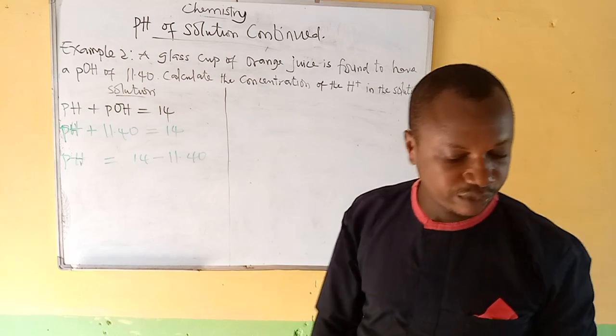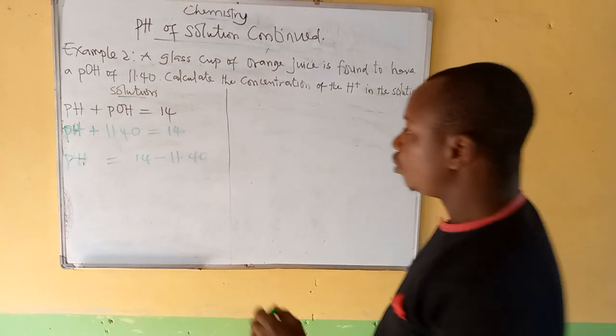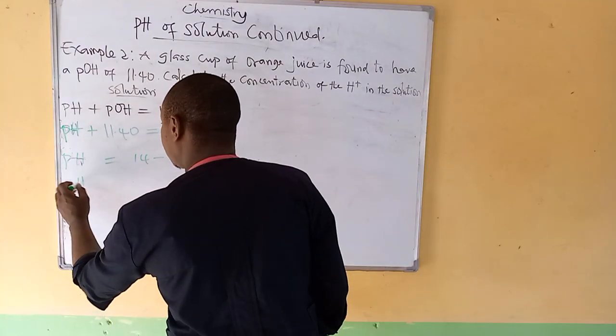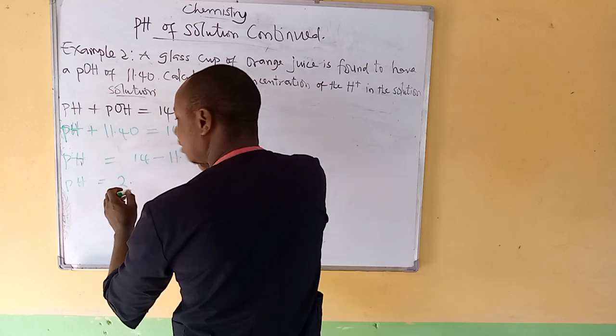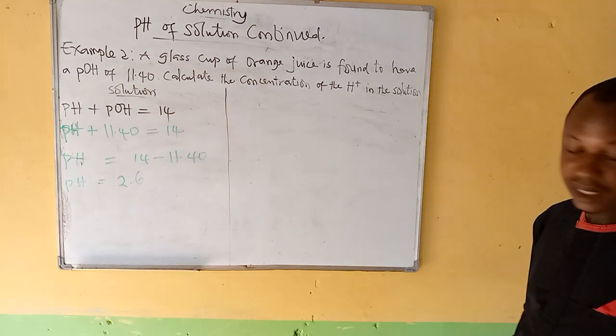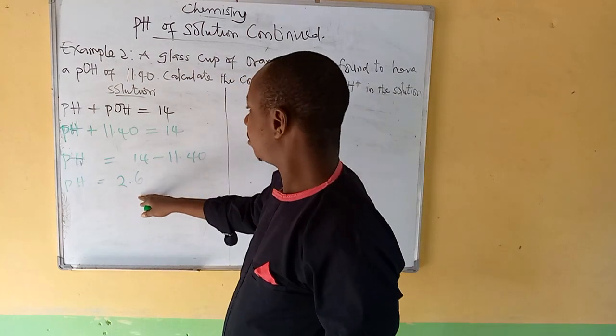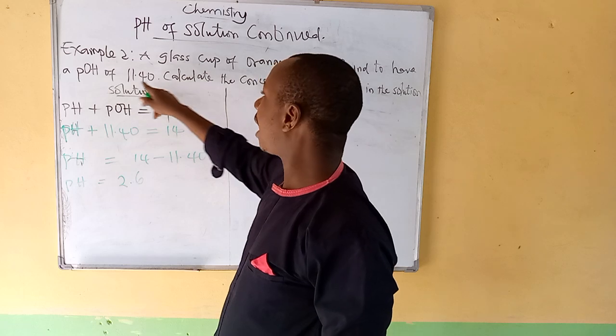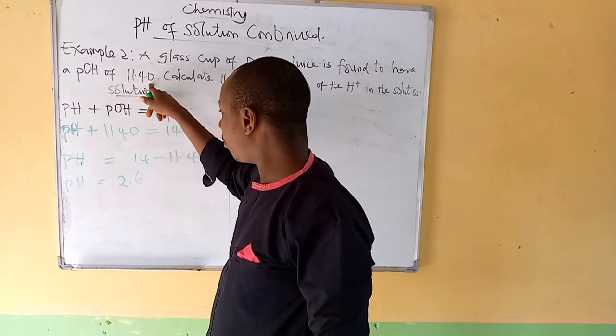The calculator will help us. If you press that in very well, you will get the pH to be equal to 2.6. This is the pH of the solution which has a pOH of 11.4.